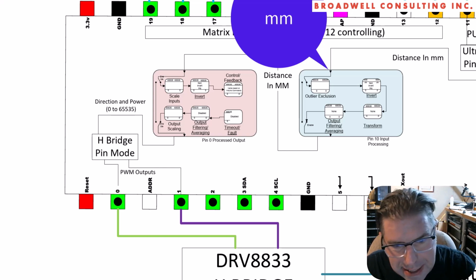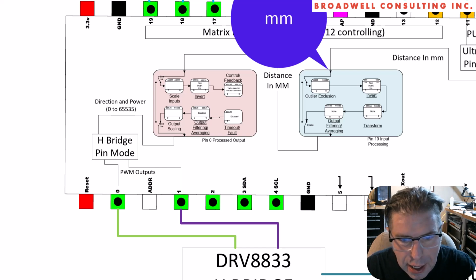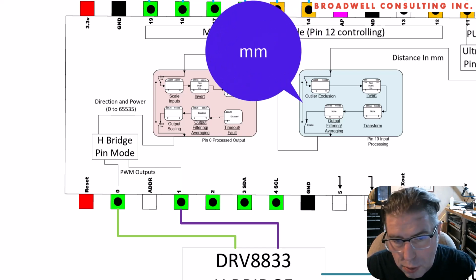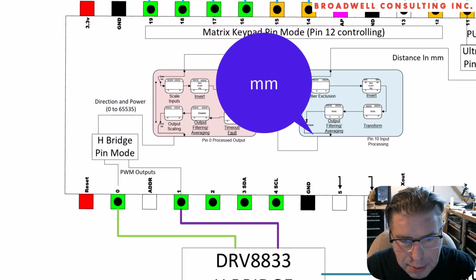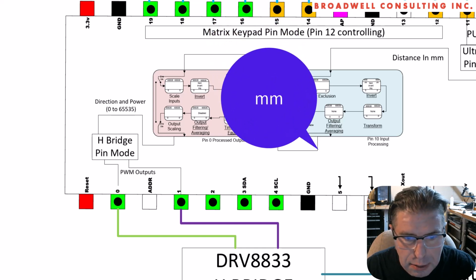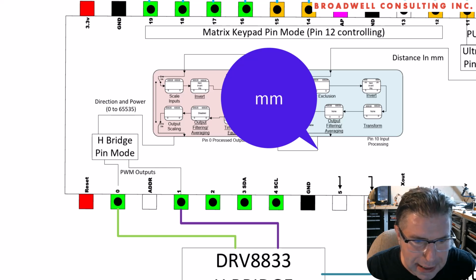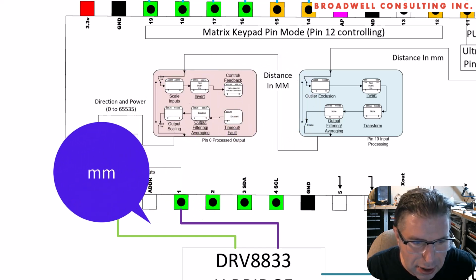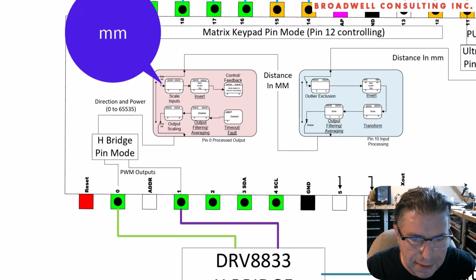We ultimately decided that we didn't need the filtering or averaging; we were able to do without it. We did experiment with it a little bit earlier when we were feeding it into the PID. So that travels from the pin 10 input processing. Pin 0, which is our H-bridge pin mode, was configured to listen to pin 10 for its input.